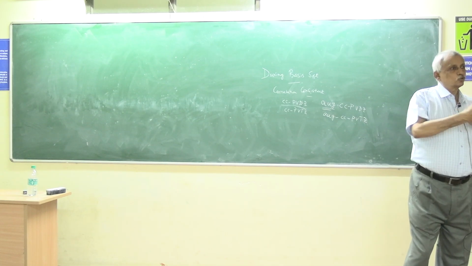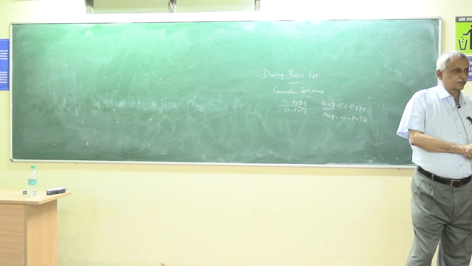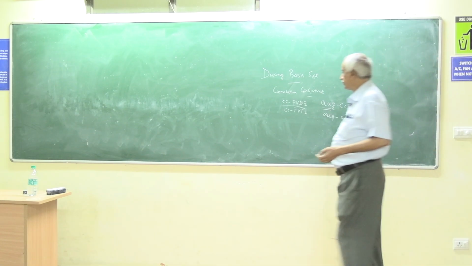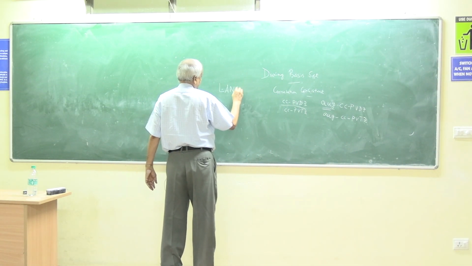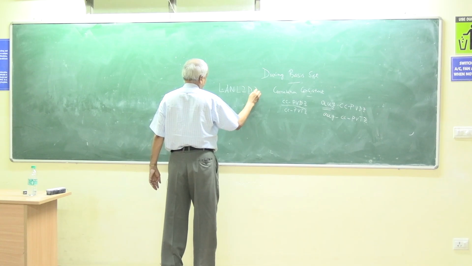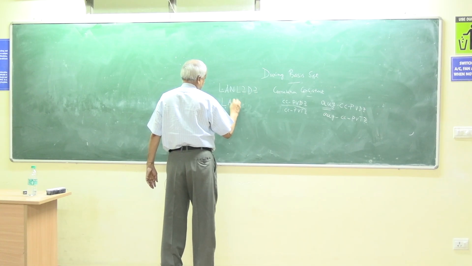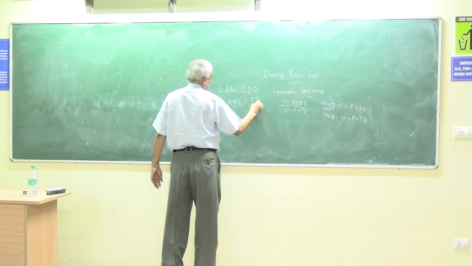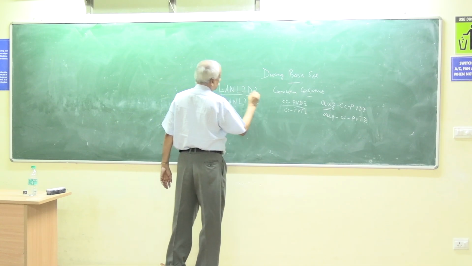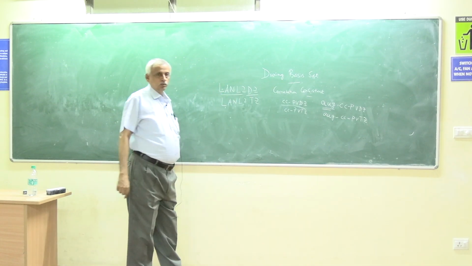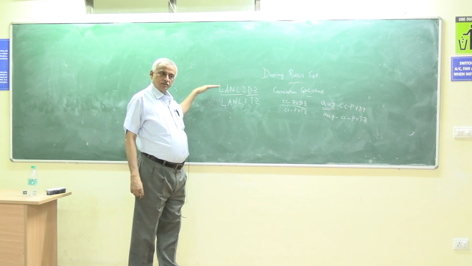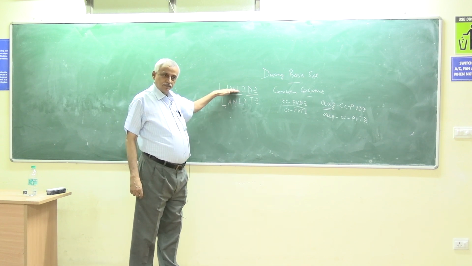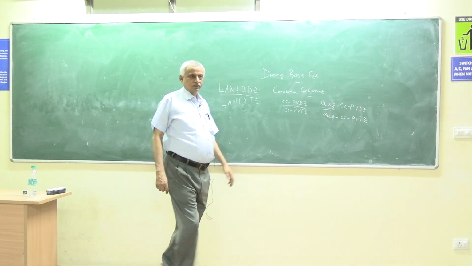Through the basis set, if you want to include something, you have some basis set like LANL2DZ or LANL2TZ. Do you know what this LAN is? Los Alamos National Lab. Okay.